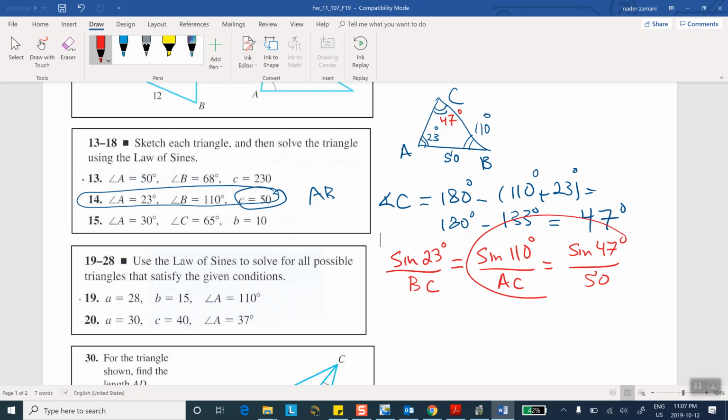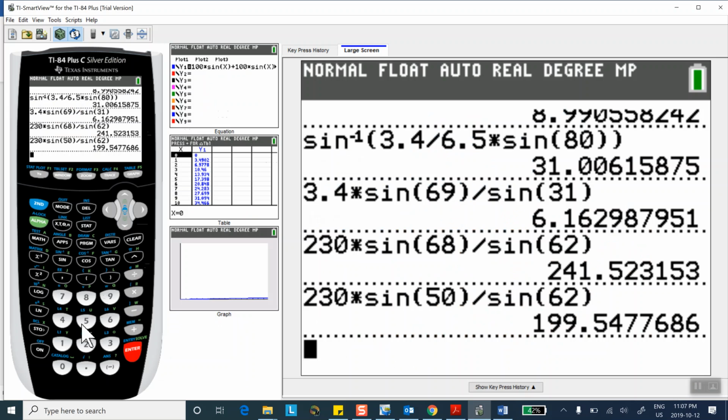Okay, so out of these two, I can find AC. AC is equal to 50 sine of 110 divided by sine of 47. Let's go type it in. So this is 50 times sine of 110 divided by sine of 47.